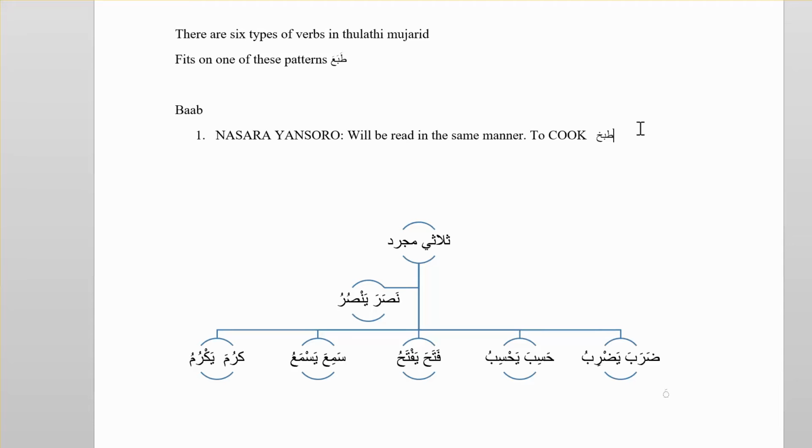Again, what is the order? Nasara yansuru. Daraba yadribu. Hasiba yahsibu. Fataha yaftahu. Sami'a yasma'u. Karuma yakrumu. Now you do it.